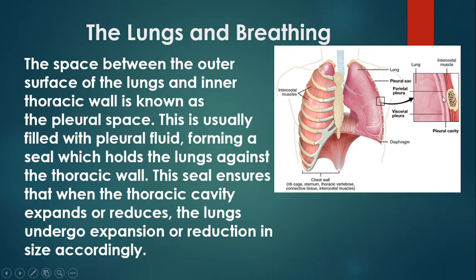In between the visceral and parietal pleura there is a pleural cavity. This cavity is filled with pleural fluid, forming a seal which holds the lungs against the thoracic wall. This seal ensures that when the thoracic cavity expands or reduces, the lungs expand or reduce in size accordingly.